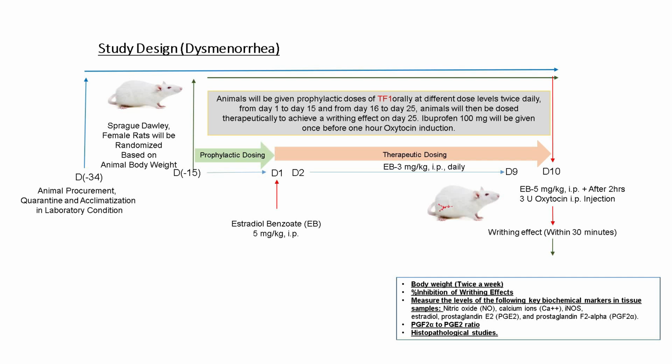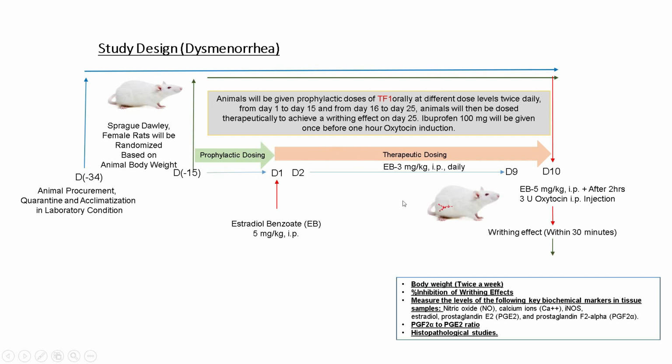On day 2 to day 9 we are giving 3 mg per kg IP daily. So you have to dissolve the drug in sesame oil or olive oil and then you can give the doses.